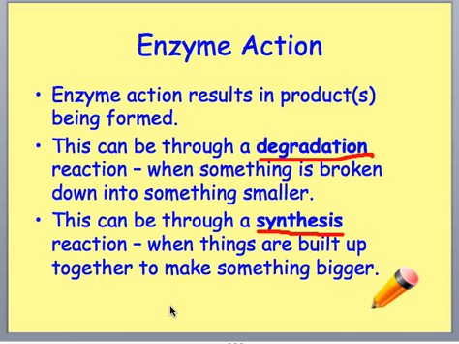The thing that an enzyme works on is called the substrate, and the thing that is produced is called the product. And you also need to know that enzymes are specific. In other words, they work only on one type of substrate. So one type of enzyme will only work on one type of substrate, and that is called the lock and key mechanism. And that's a summary of enzyme properties.